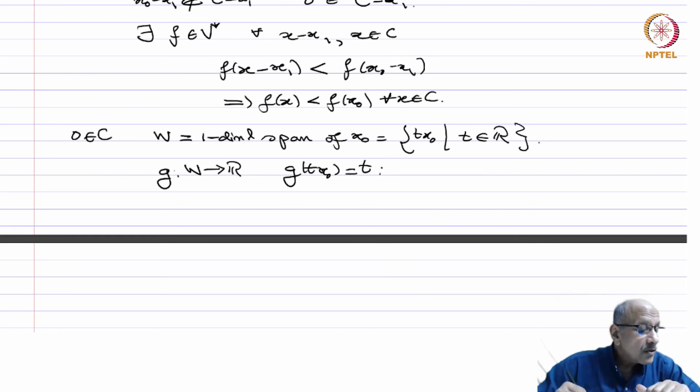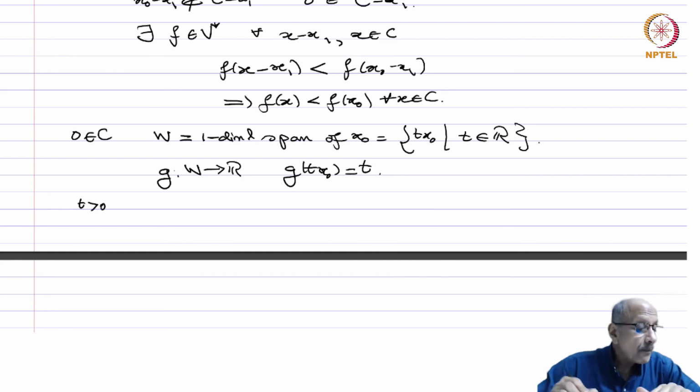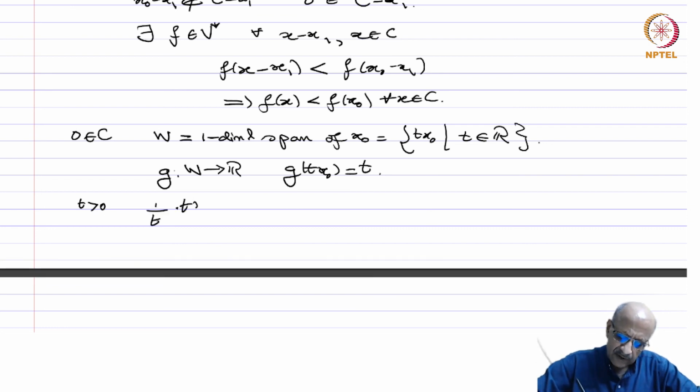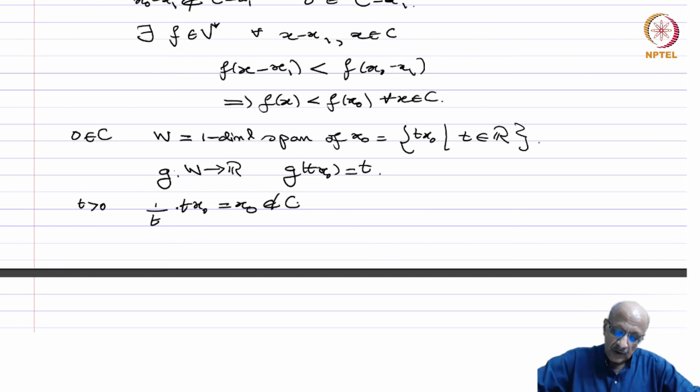Okay. So now let t be positive. Now 1 by t times t x naught, which is x naught, is not in C. So by the definition of the Minkowski functional, t should be less than or equal to p of t x naught.